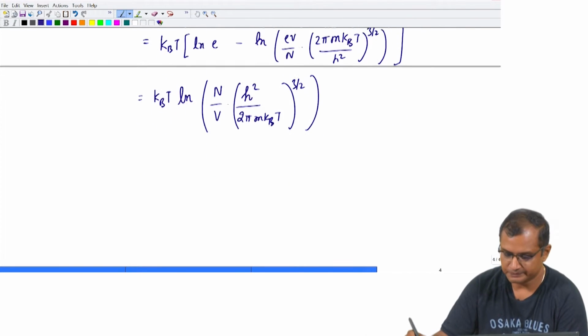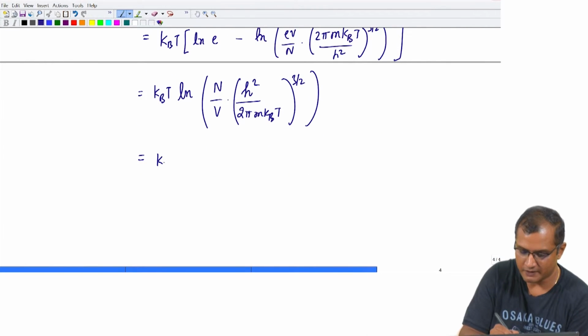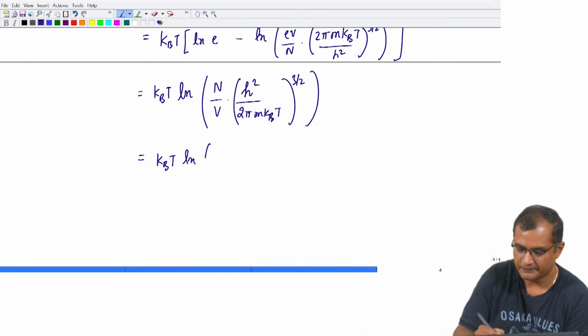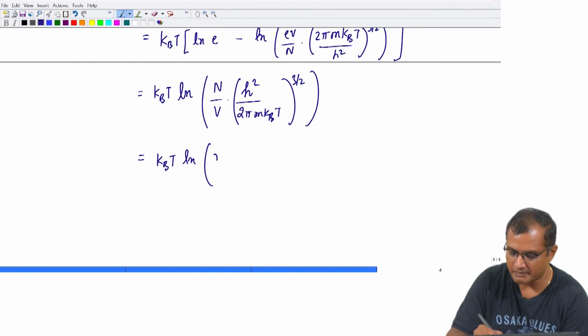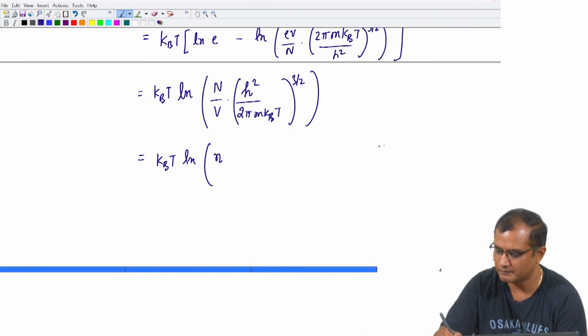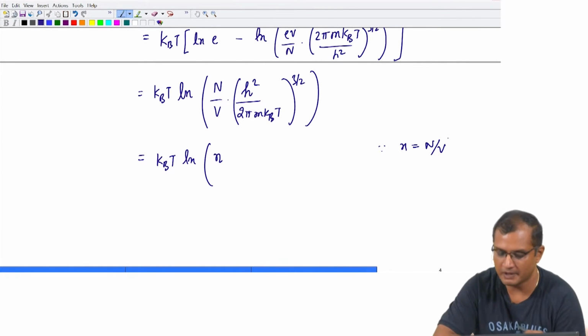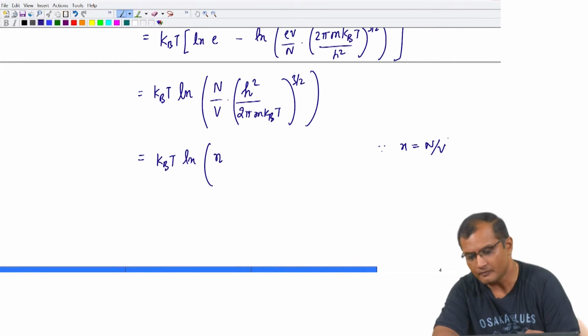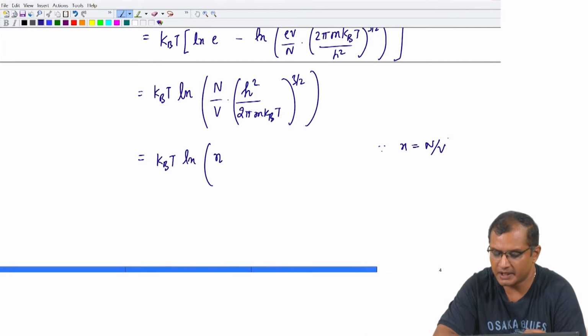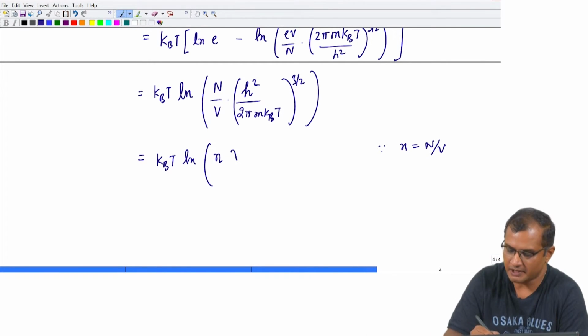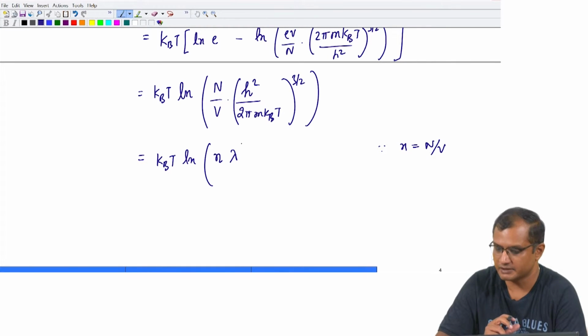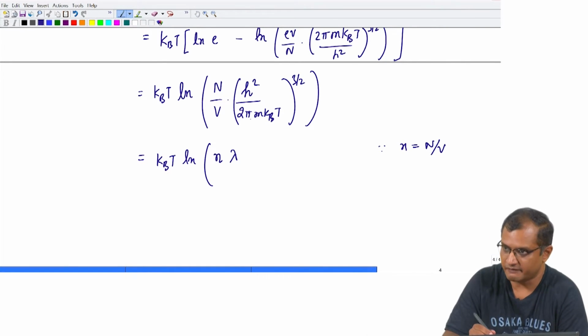Now, you can think of this n by v as some density, and h square by 2 pi m k T, the whole square root, is nothing but our de Broglie wavelength or thermal length scale.